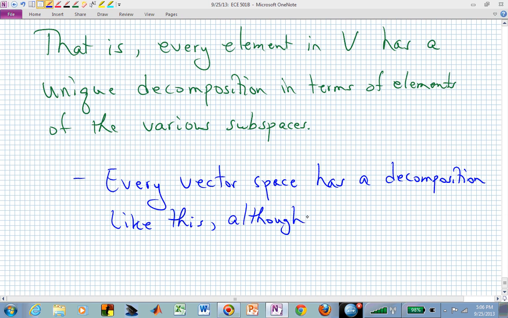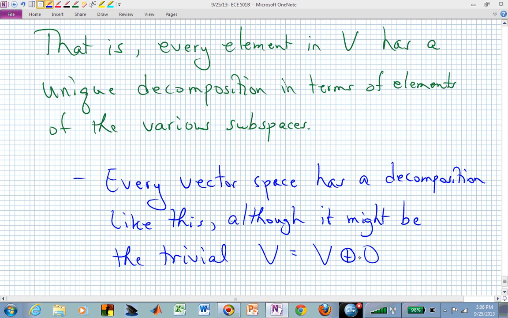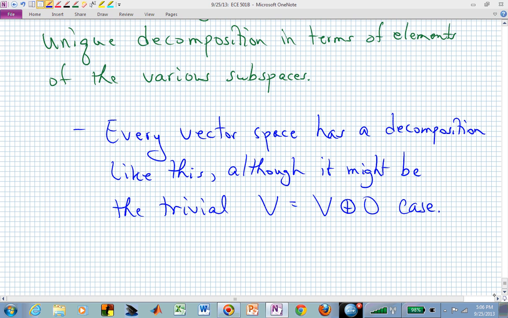In some cases it might be the trivial decomposition, in which V is equal to itself plus the zero vector. That is a direct sum decomposition of a vector space.